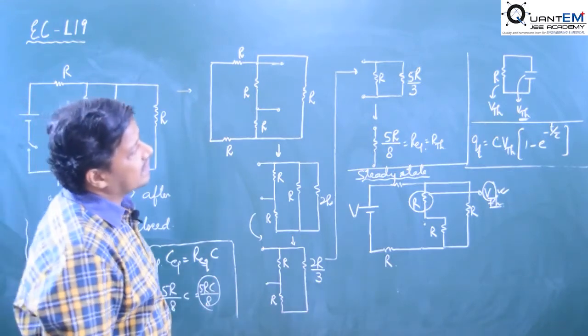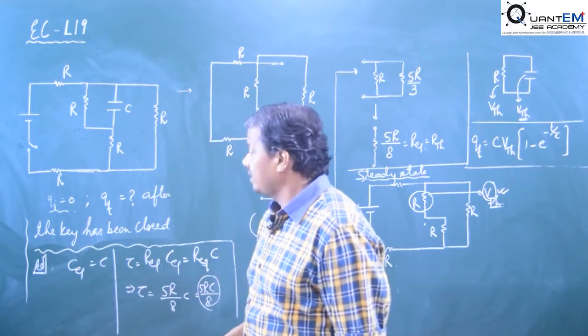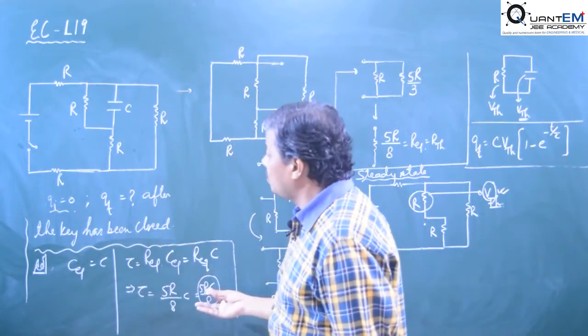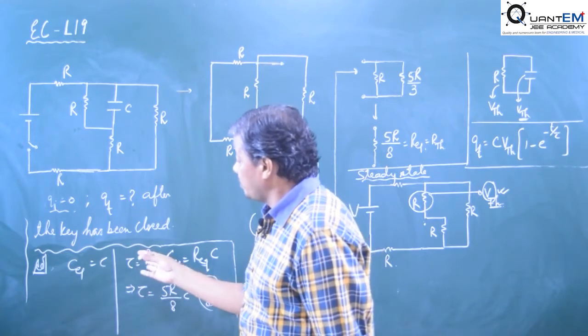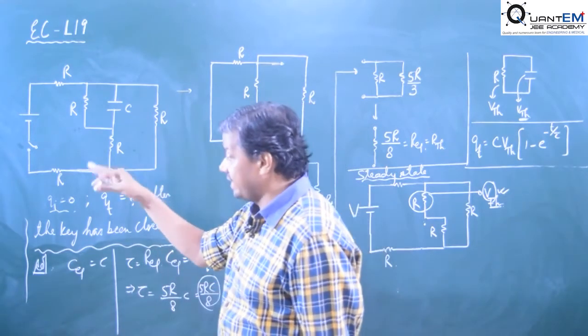So any complicated circuit you may solve easily, finding the value of what? The time constant. For the time constant you have to use the formula RTH. R equivalent is actually RTH after short circuiting the source.